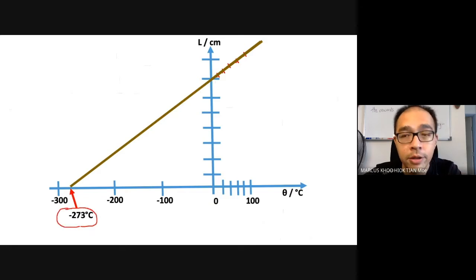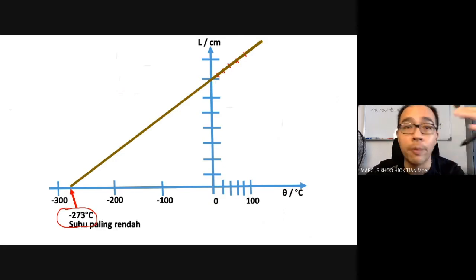Somebody, probably by the name of Charles, did this experiment, and like you, he extrapolated. He got a value of negative 273 degrees Celsius, which is what we call the lowest temperature ever known to man.